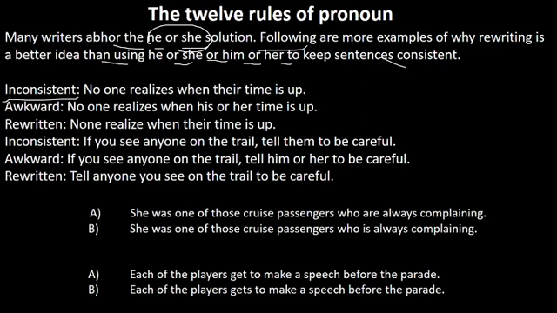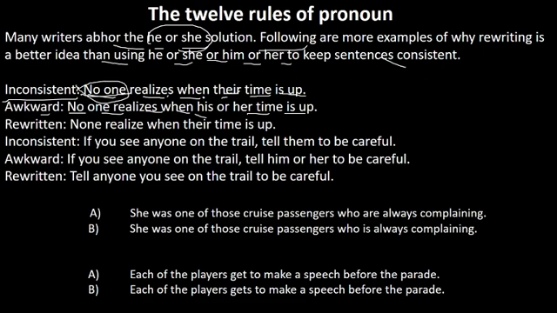Look at this. This is inconsistent: "No one realizes when their time is up." Awkward: "No one realizes when his or her time is up." You can see the problem.